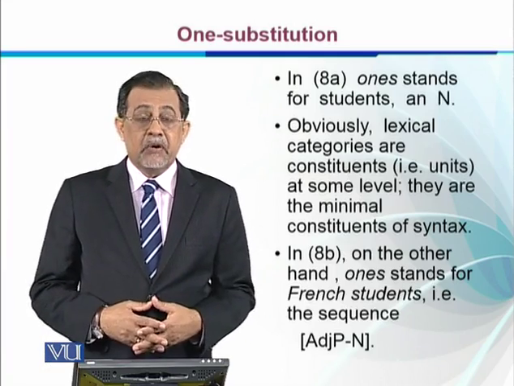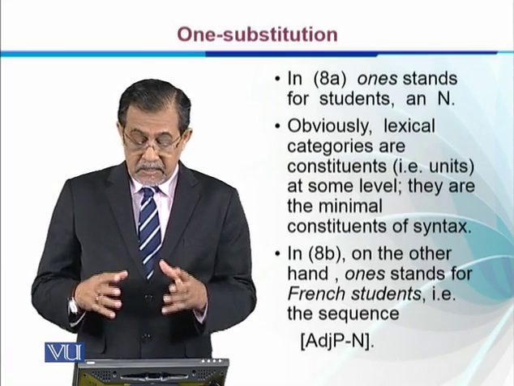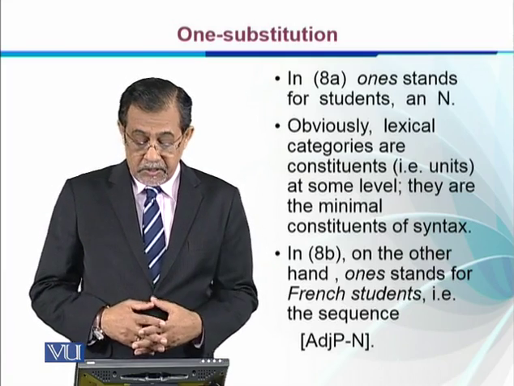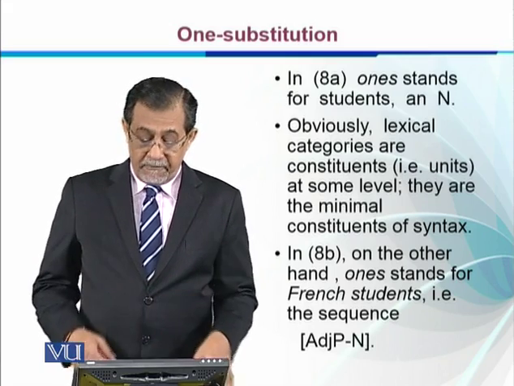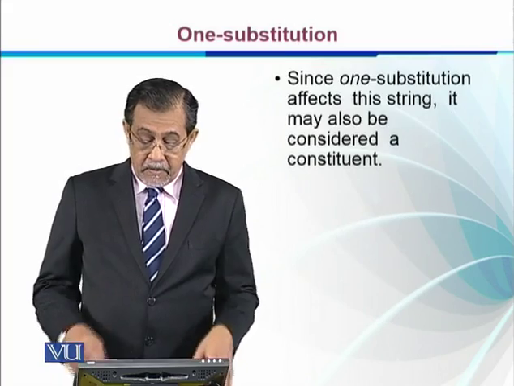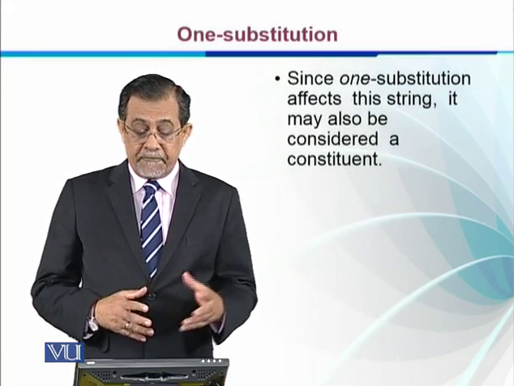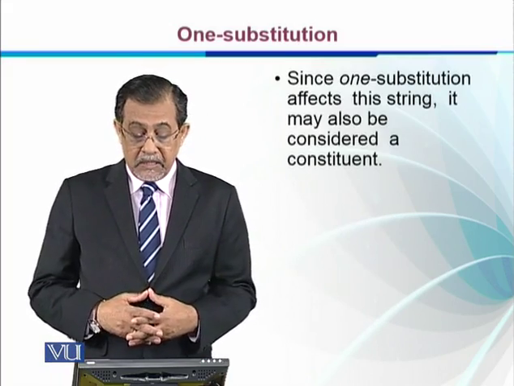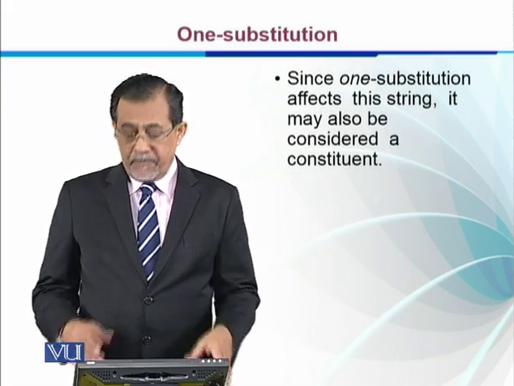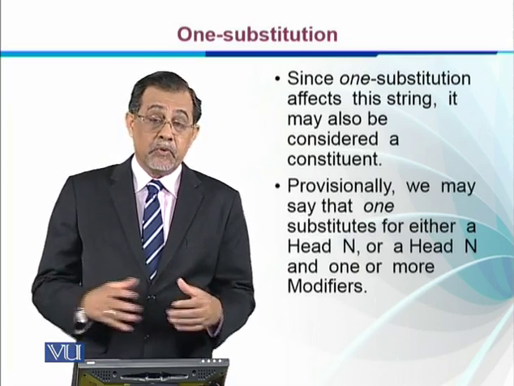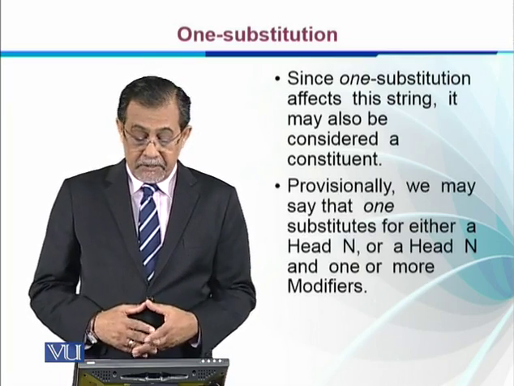So in 8b, on the other hand, one stands for French students, right? So the sequence will be adjective plus noun phrase. So since one substitution affects the string, it may also be considered a constituent. So one is also a type of constituent as it can substitute a noun or a noun phrase.